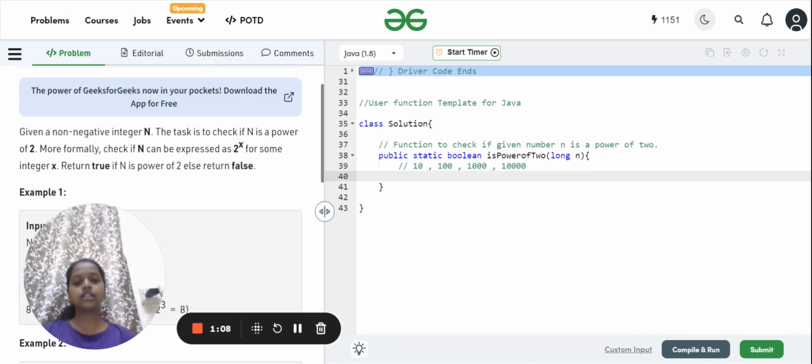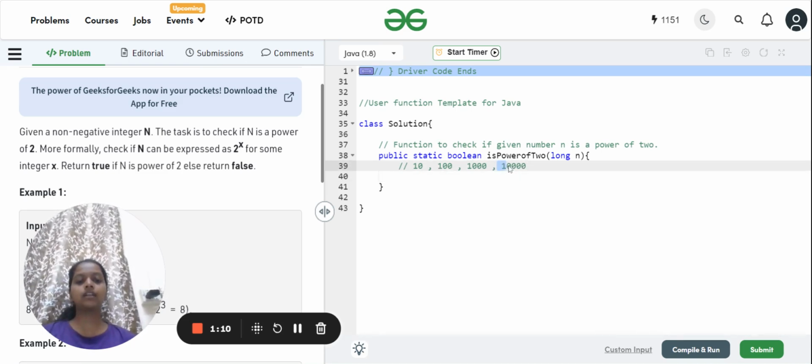If we check any number which is a power of 2, then in its binary representation only one bit is a set bit. So if the binary representation of a number contains only one set bit, then we can return true, or else false.